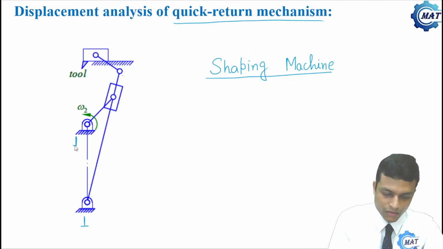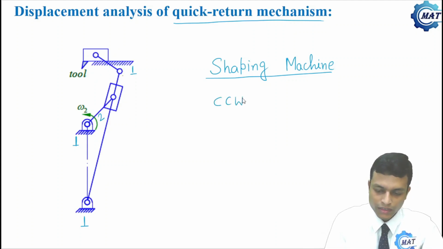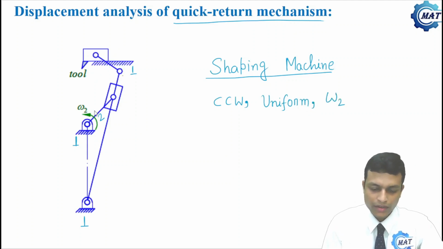Fixed links are denoted by 1. This is link number 2, that is the crank or bull gear, which is rotating in counterclockwise direction with a uniform angular velocity omega 2, that is shown in the diagram.